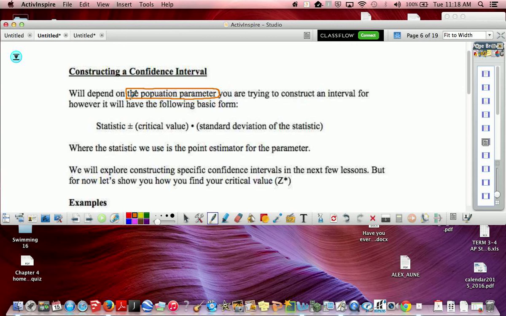And the structure goes like this. You're going to have a statistic. In our course, we're going to focus on two types of statistics: a sample mean, x bar, or a sample proportion, p hat.